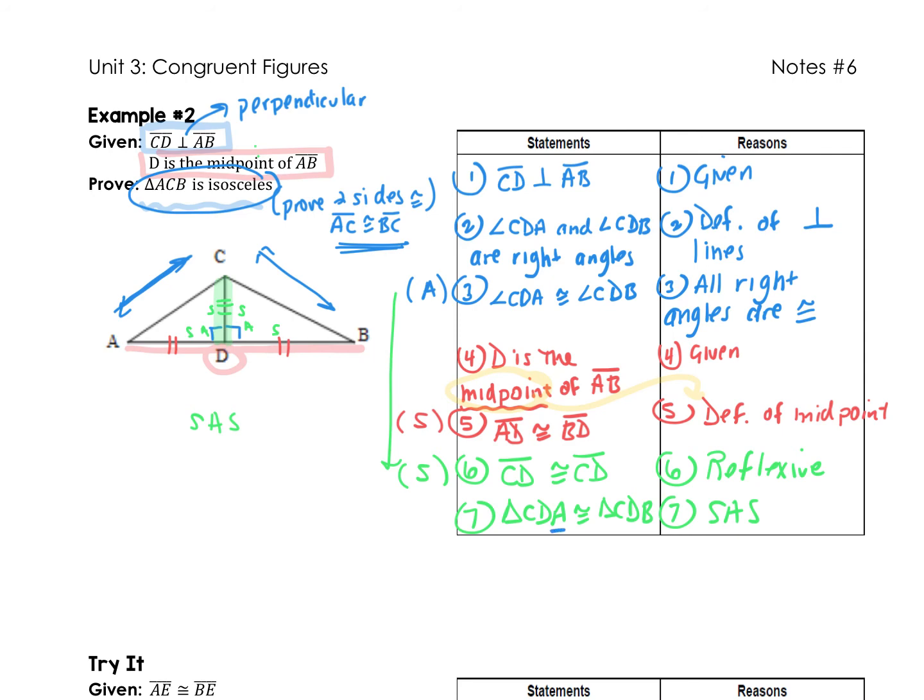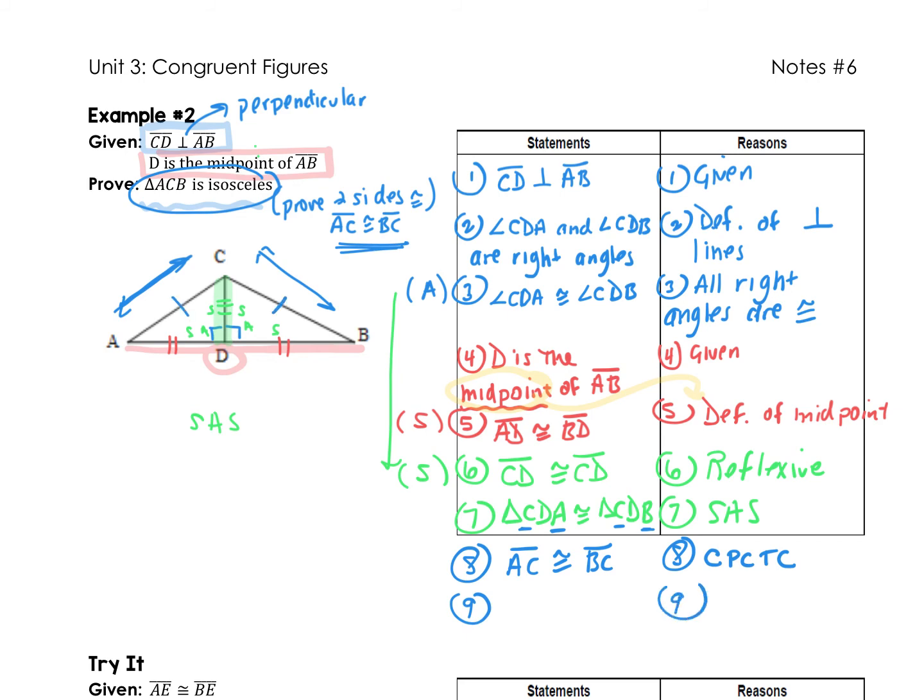AC, last letter, first letter of the first triangle, and BC is last letter, first letter of the second triangle. So in step 8, we can say AC is congruent to BC by our new thing, CPCTC. They are corresponding parts of these congruent triangles, so they're congruent.